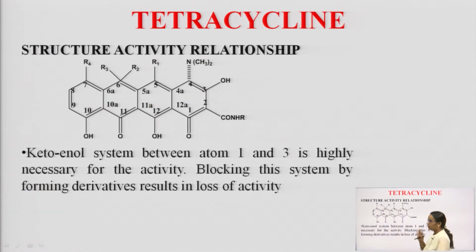See, 4 rings A, B, C, D, and in these rings O, OH, O, OH, CONHR, OH, NCH3 whole twice is present.